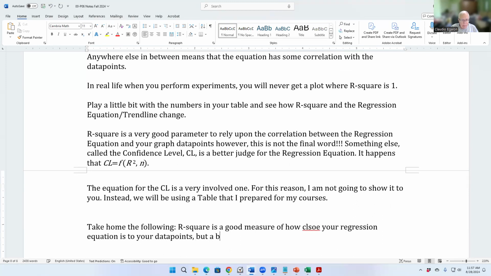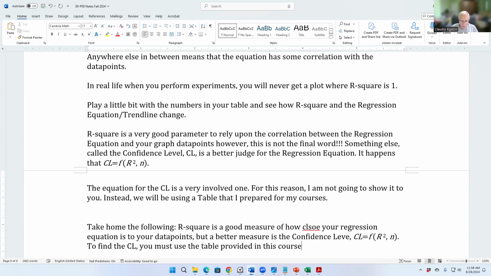But a better measure is the confidence level, CL, which is a function of R squared and N. To find the CL, you must use the table provided in this course. Any questions?